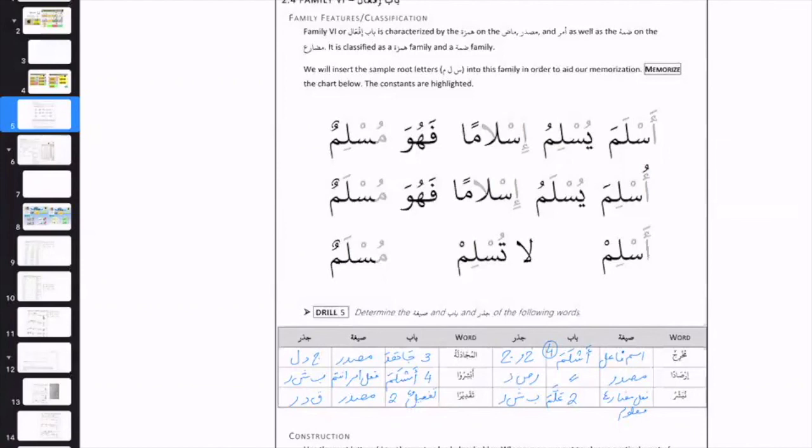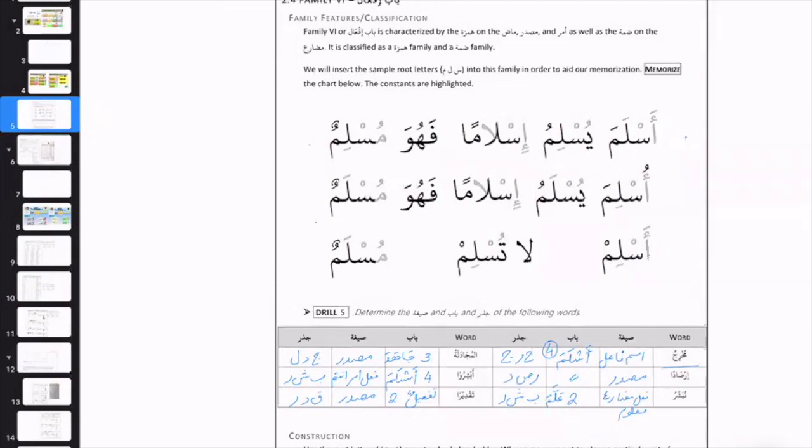Okay, so now we have a few words over here. Let's look at them. Mukhrijun. We need to look at where mukhrijun rhymes in our Sarf Saghir pattern. Is mukhrijun rhyming with muslimun or muslamun?